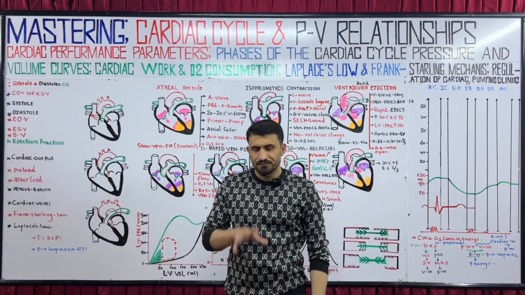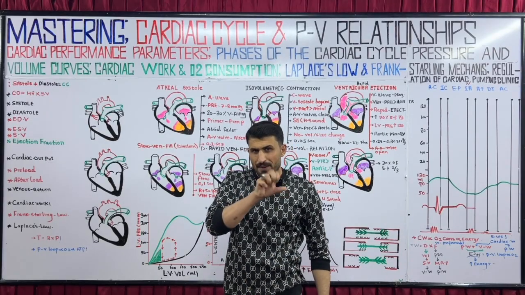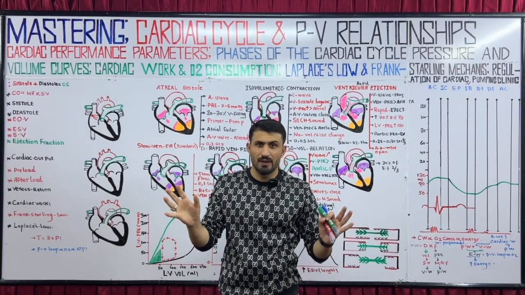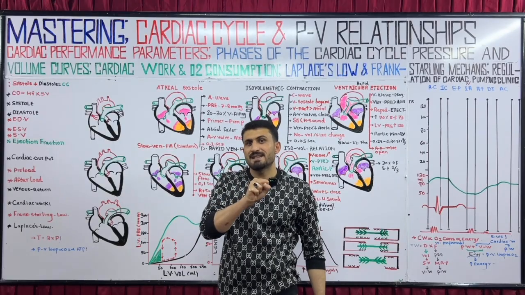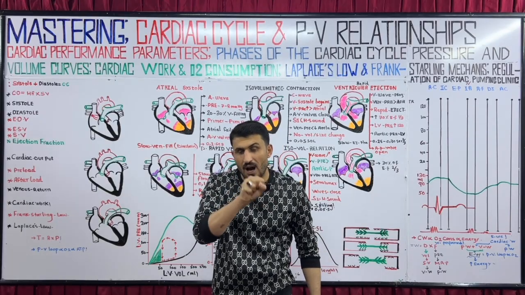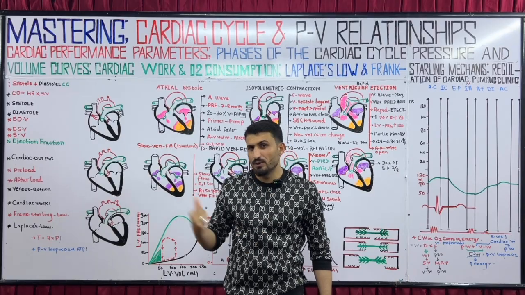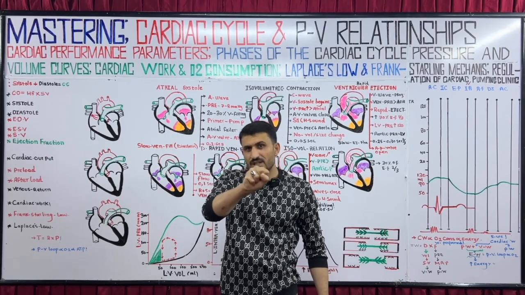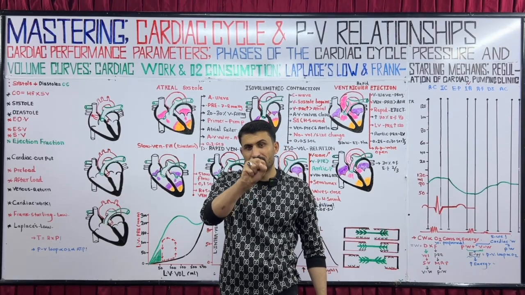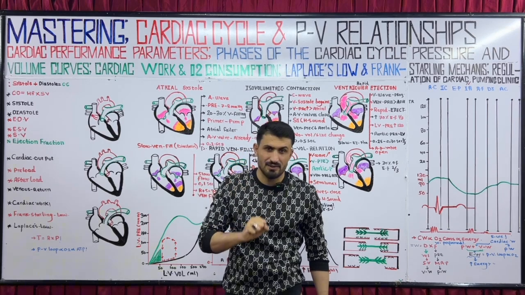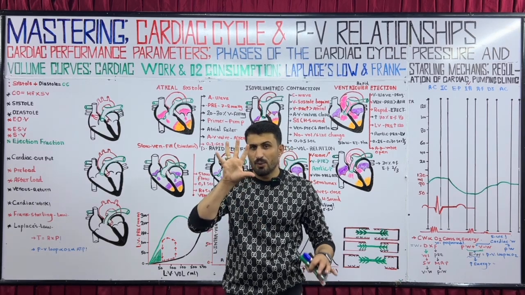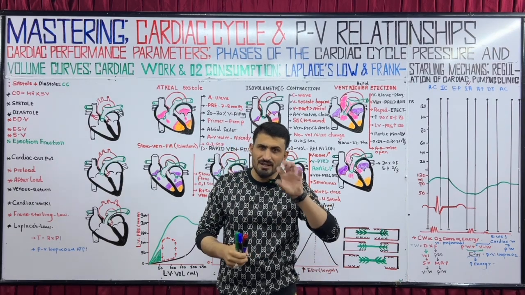For example, when the heart pumps blood to the body, it produces a beat. This is called a heartbeat. One heartbeat is made of two parts. The contraction part is called systole and the relaxation part is called diastole. So now we have one systole plus one diastole.